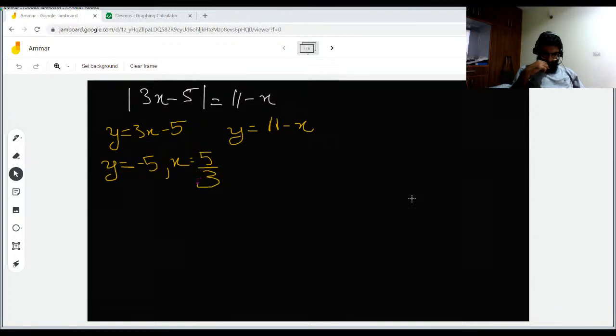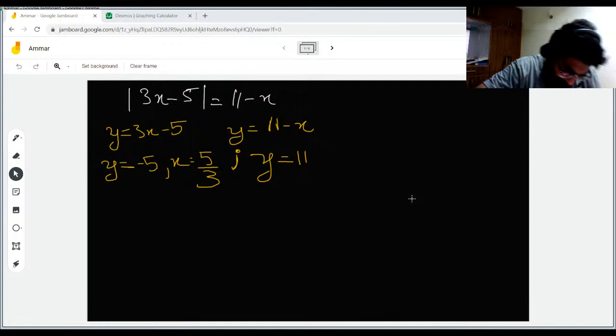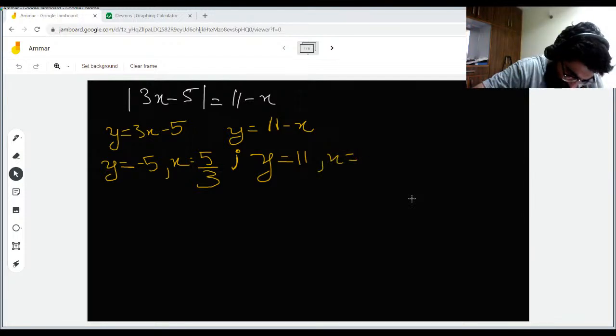Over here, y is equal to 11, and then x is equal to 11. It's 11, right?